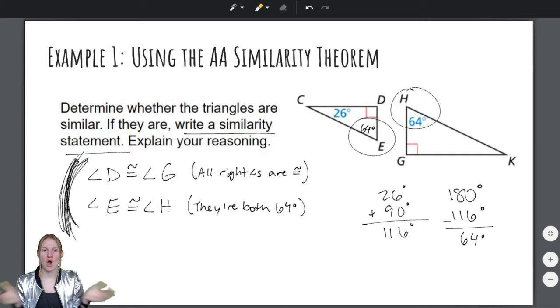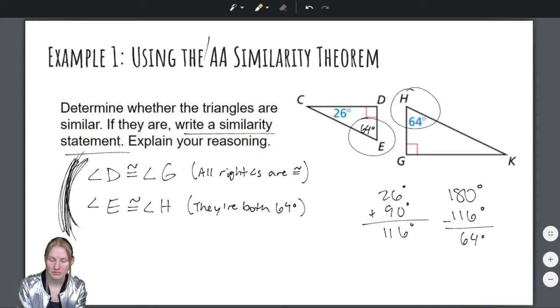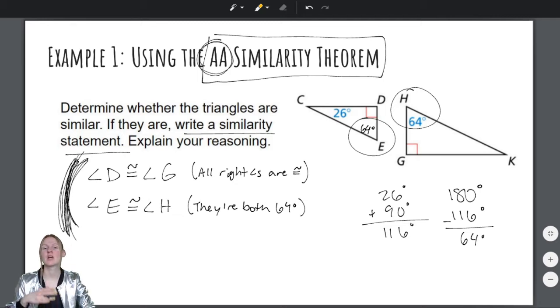We are saying, are the triangles similar? And what we've done here is we've said that we have two pairs of congruent angles, which means I can use the AA similarity theorem.